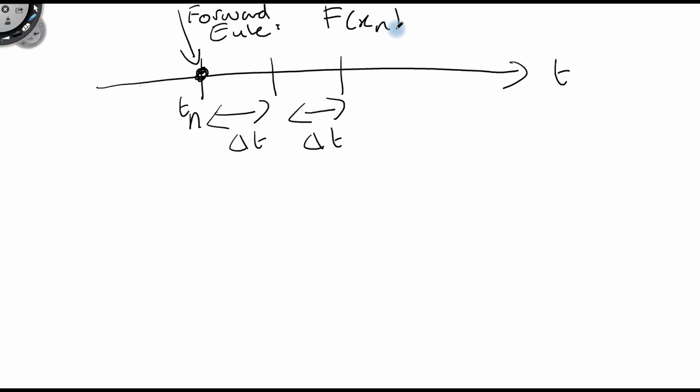With these more advanced methods, you evaluate it at multiple points, and so the Runge-Kutta is these solid lines, and the Forward Euler really is just this first point. You can see how it might make sense: what we're doing when we solve an ODE is integrating the function on the right hand side, and if we evaluate it at more points within the interval, we get a more accurate integral.